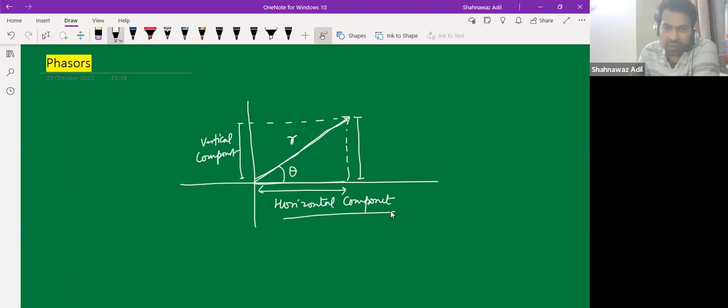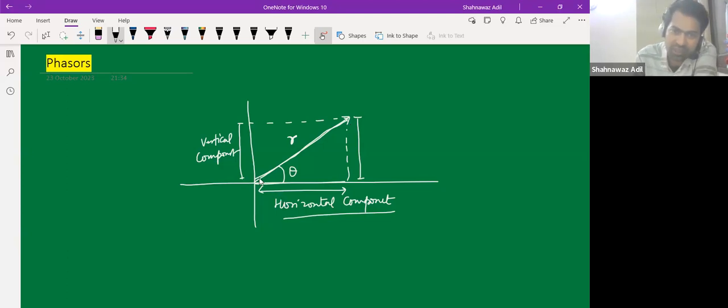What is the horizontal component, if this is the magnitude and this is the angle? Did you do this resolution of vectors, or have you forgotten? Forgotten, sir.